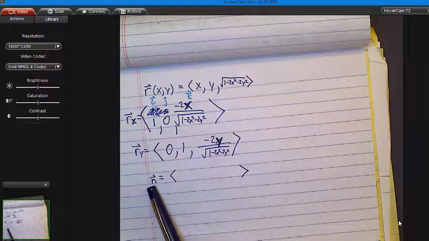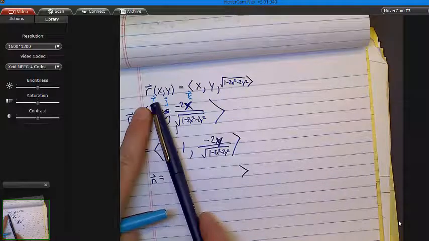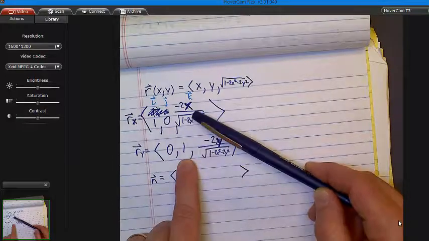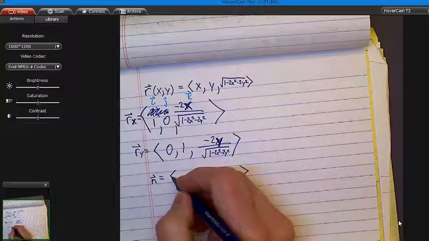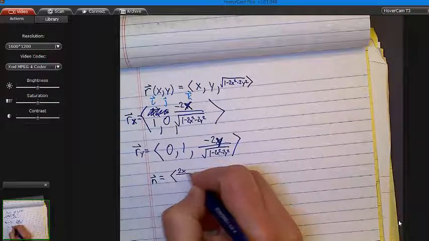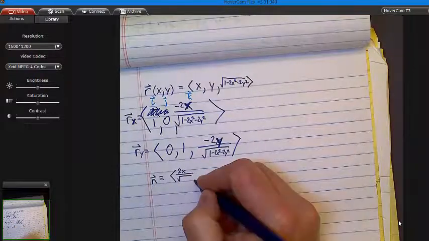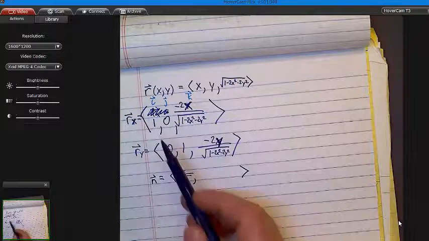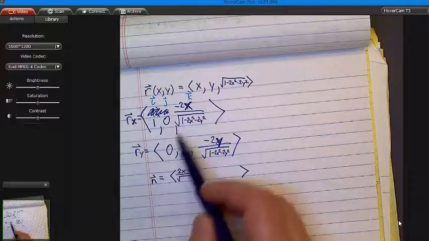N is equal to, the first coordinate, i, is the determinant of this matrix. And notice I have 1 times a negative, but I'm subtracting it. So the first coordinate would be 2x over the square root thing. For the second coordinate, I chop out the middle row and I see 1 times negative, 0 times something else.